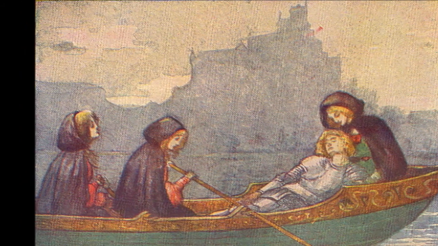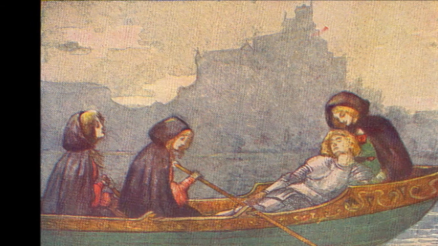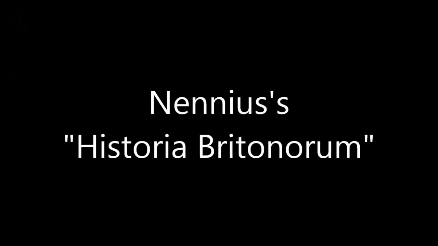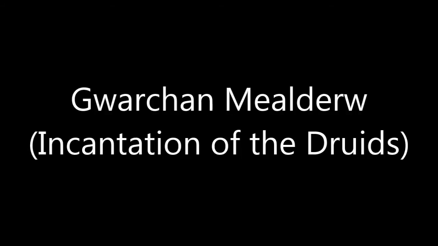Another account of a ship bringing the body of the dead king home exists in the life of Saint Yshtyd, and also in Nennius's Historia Britanniae, which match with accounts in the Garchan Maelderw, the incantation of the Druids, and the Adfynu Taliesin, the courtesy of Taliesin.